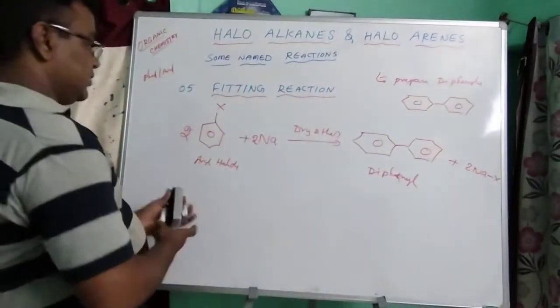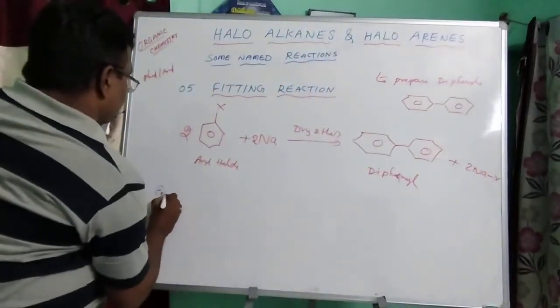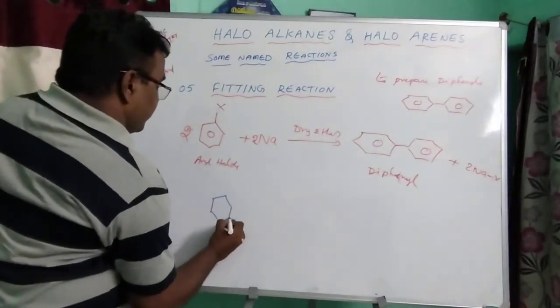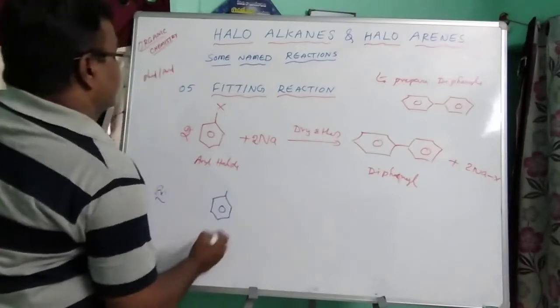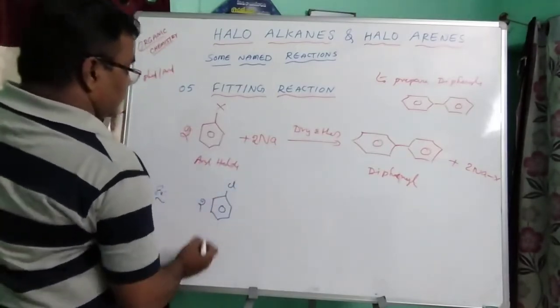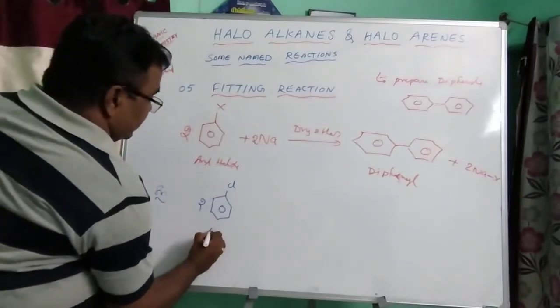So example 1. Aryl halide, for example with X as chlorine, that means 2 moles phenyl chloride.